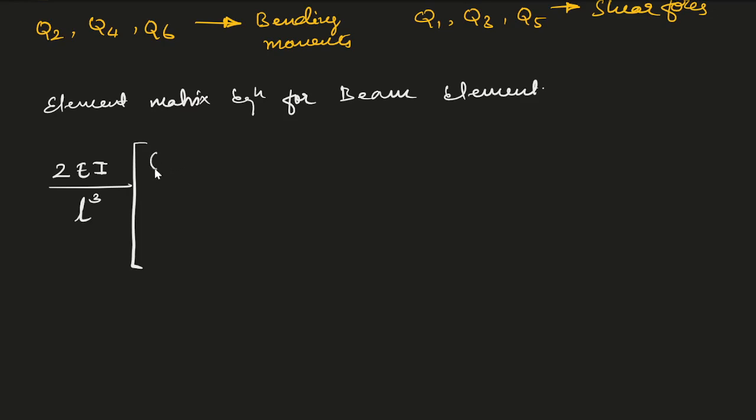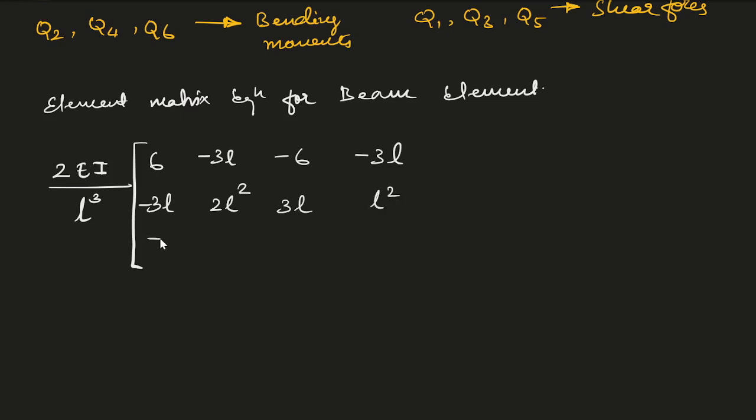So it starts with 6, minus 3L, minus 6 and minus 3L. The second row is minus 3L, 2L square, 3L, then L square.